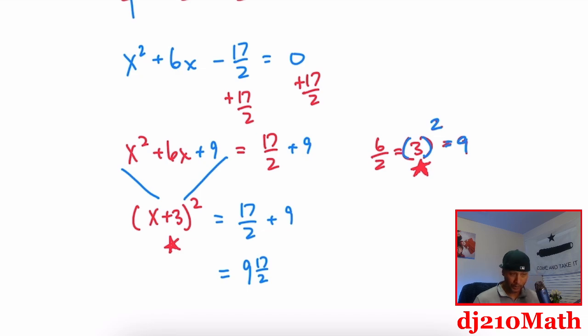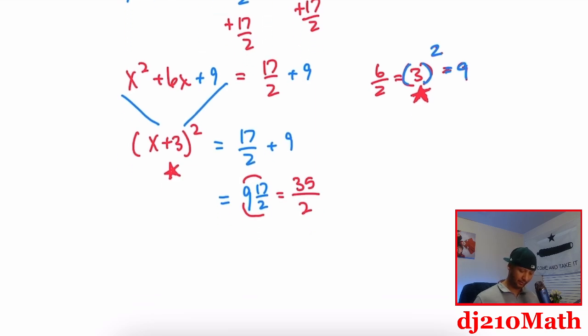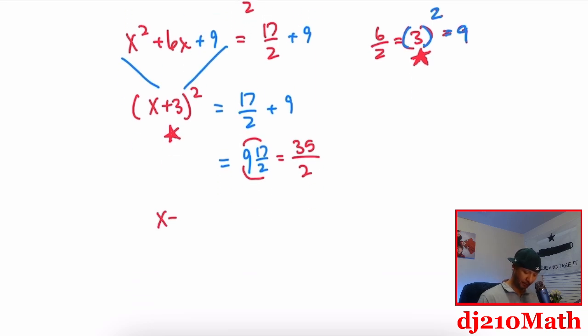At the end of the day, we need an improper fraction. 9 times 2 is 18, 18 plus 17 is 35. So what this is saying is that (x plus 3) squared is equal to 35 over 2.